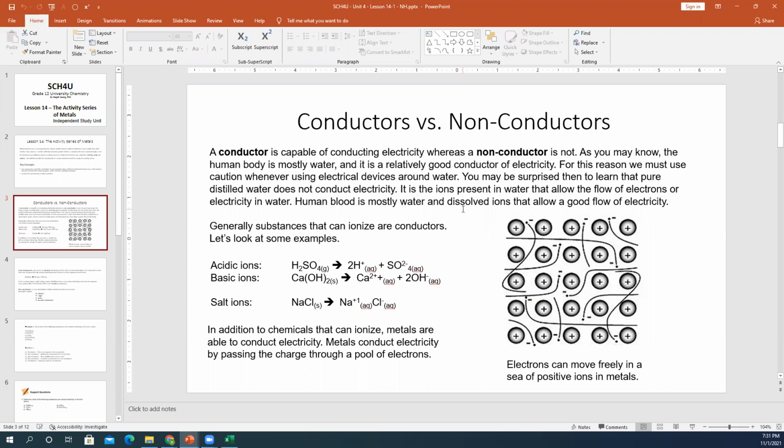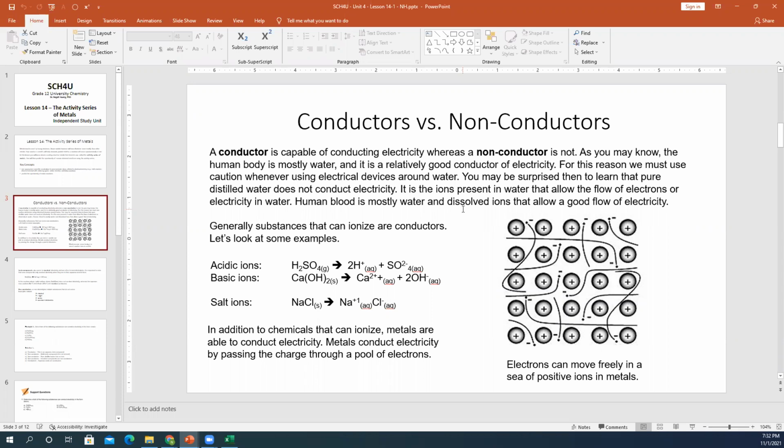But you may be surprised to know that if you have pure distilled water with absolutely no other ions, no other impurities in it, pure distilled water does not conduct electricity.